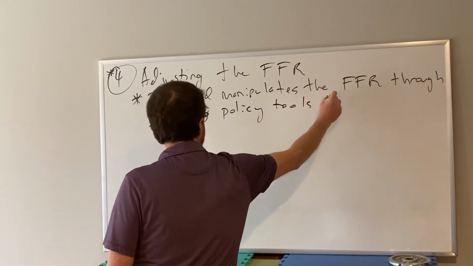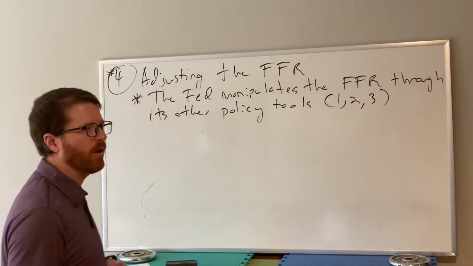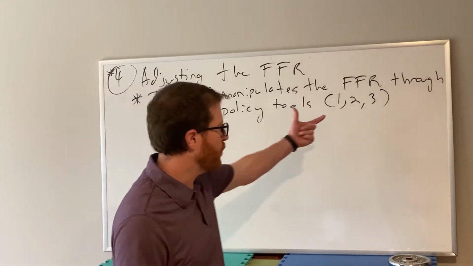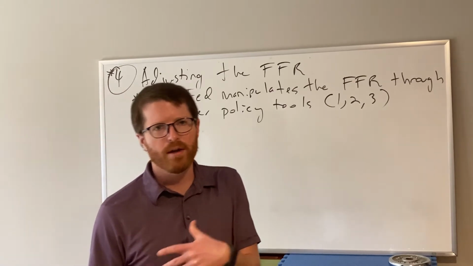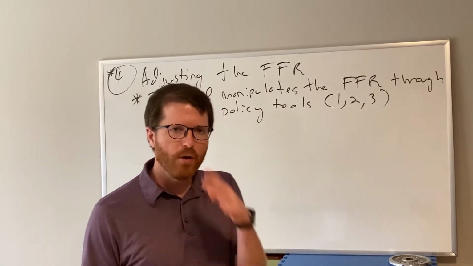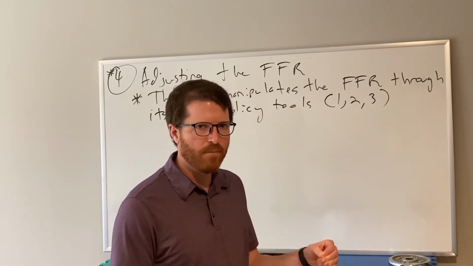Through the ones that we've already talked about, 1, 2, and 3. We're going to get to a fifth one. It's kind of different, so I'm leaving it off for now. But those first three things we talked about, open market operations, adjusting the required reserve rate, changing the discount rate, those things are used to change the federal funds rate.